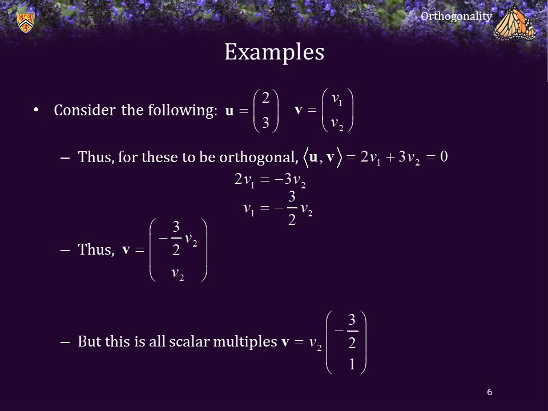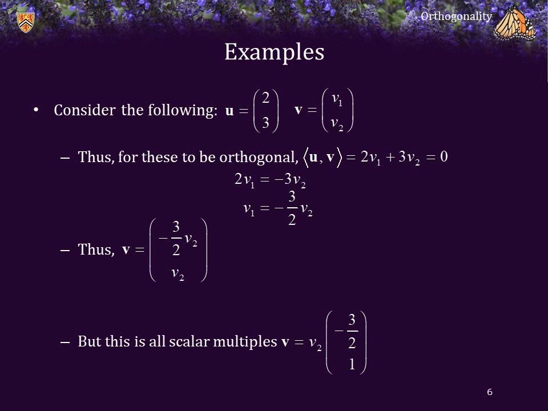So thus we really see that v is simply a scalar multiple of the vector negative 3 halves, 1. Now it happens that the scalar here is v2 instead of alpha, but that's okay. That's just an arbitrary unknown that we can assign whatever value we want.